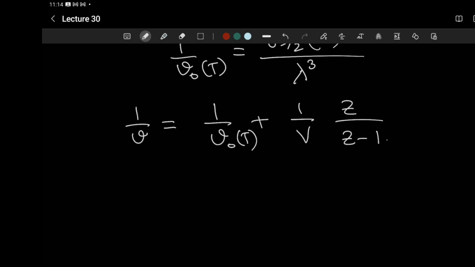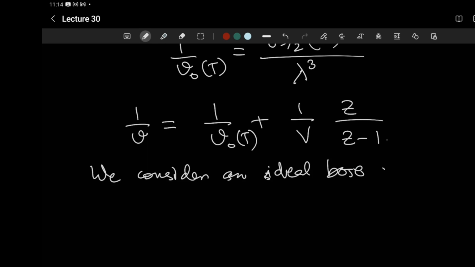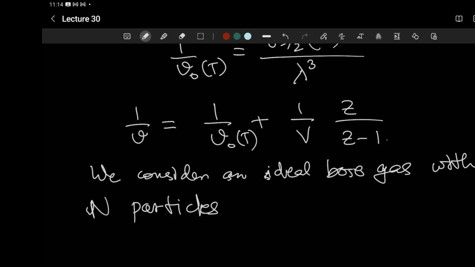So in the grand canonical ensemble, of course, the number of particles is not fixed. Usually the setup is that we consider an ideal Bose gas with N particles.